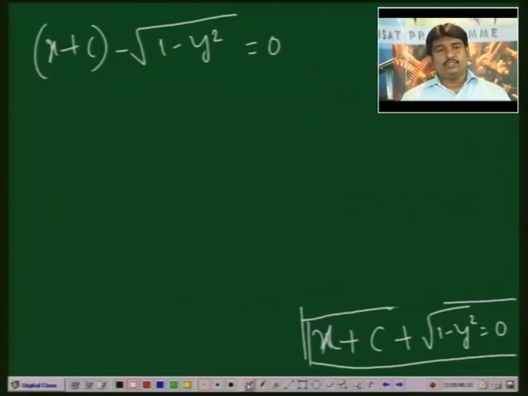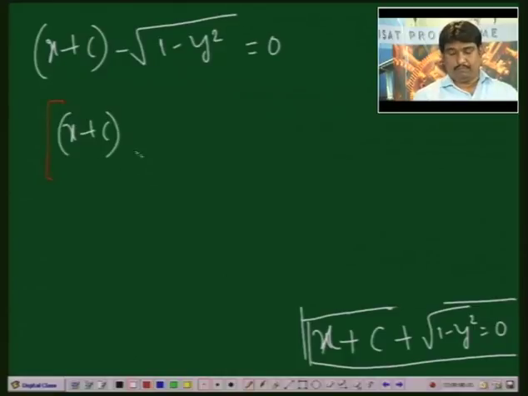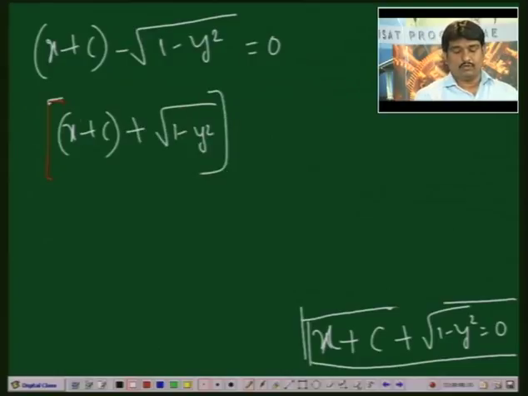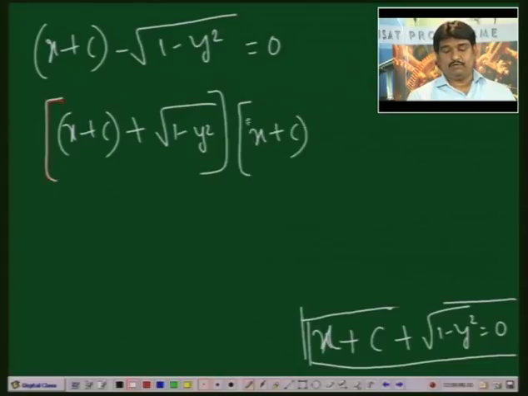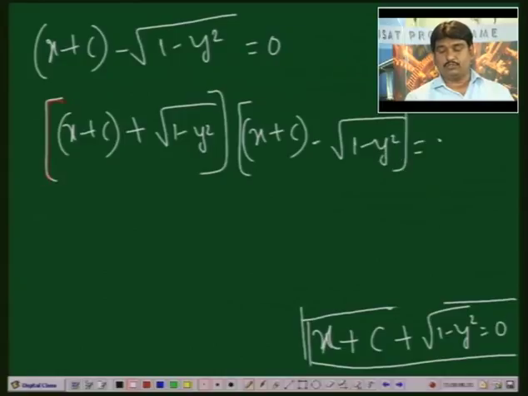And as you know, the general solution is a product of these two solutions, that is x plus c plus root of 1 minus y square into x plus c minus root of 1 minus y square equals 0.